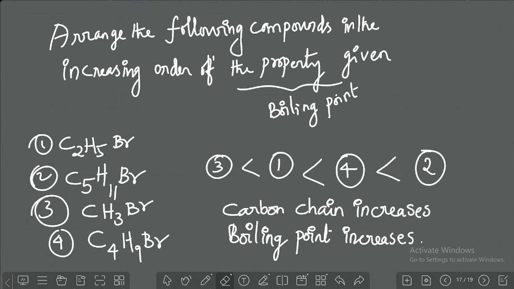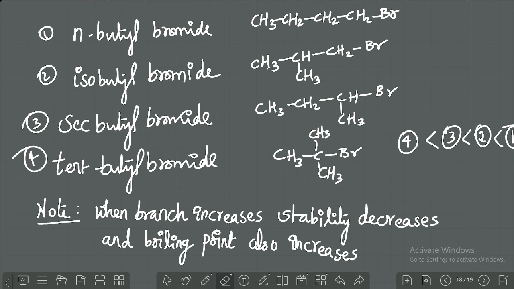And the next one, next example. Now what we discussed with iso, secondary. The compounds they mention are N-butyl bromide, isobutyl bromide, secondary butyl bromide and tertiary butyl bromide. So all are butyl bromide.